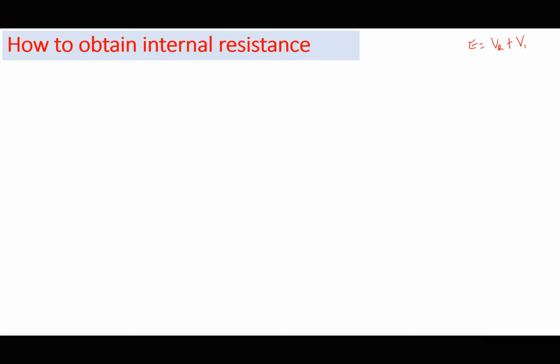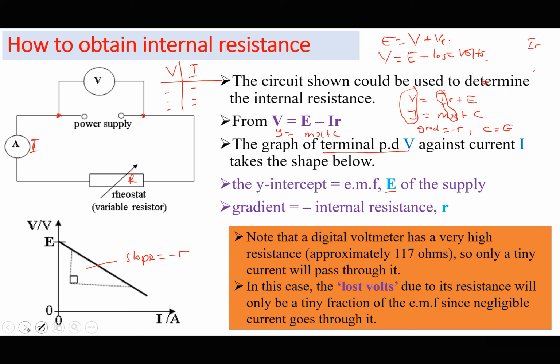As simple as that. I want you to note that a digital voltmeter has a very high resistance, approximately 117 ohms. So only a tiny current will pass through it. The voltmeters we use in the laboratory, most of them have resistances of about 117 ohms.